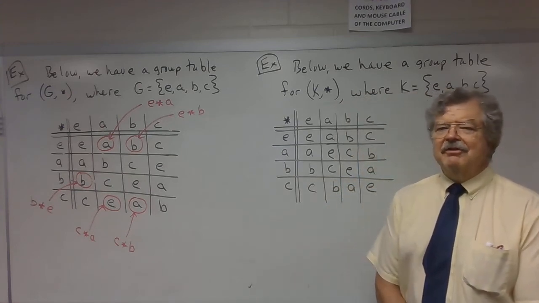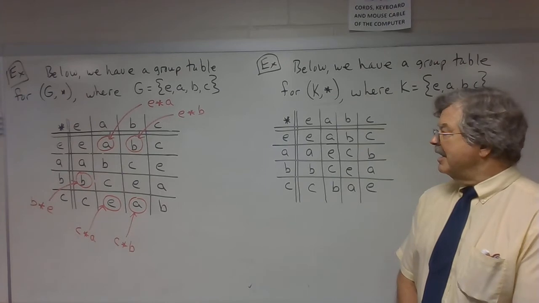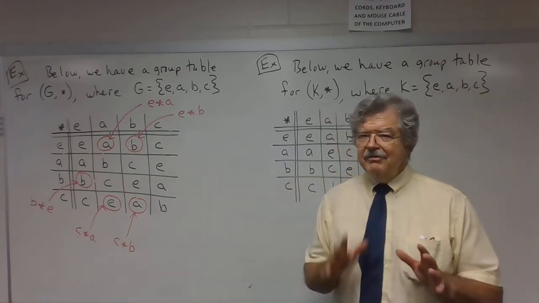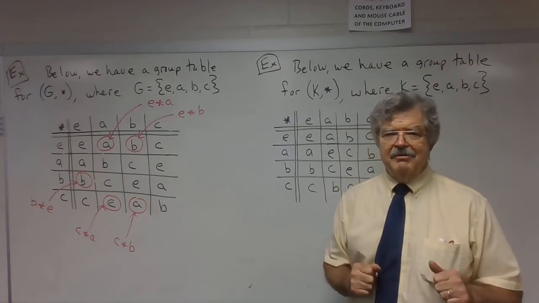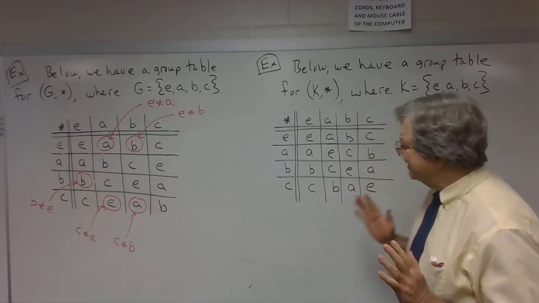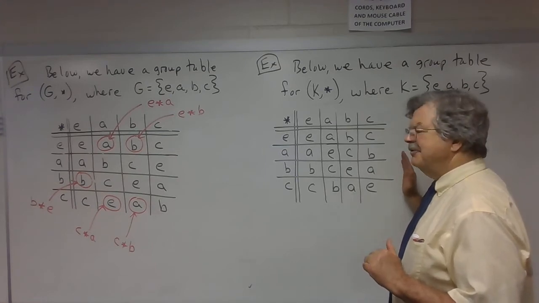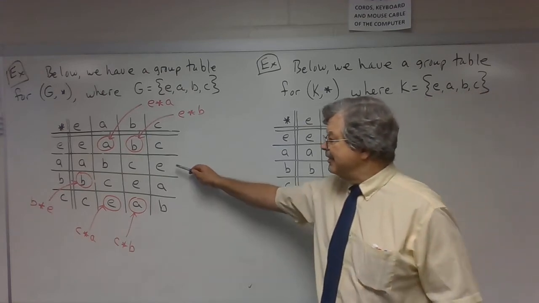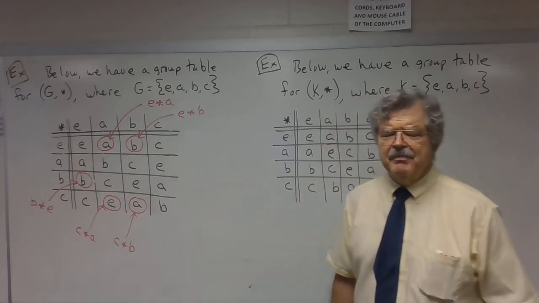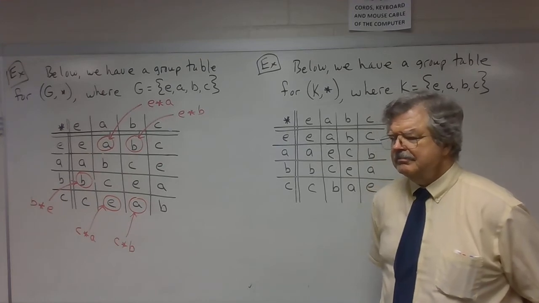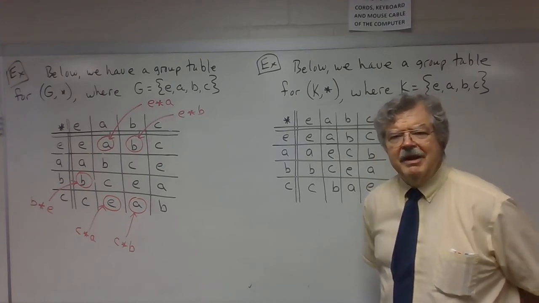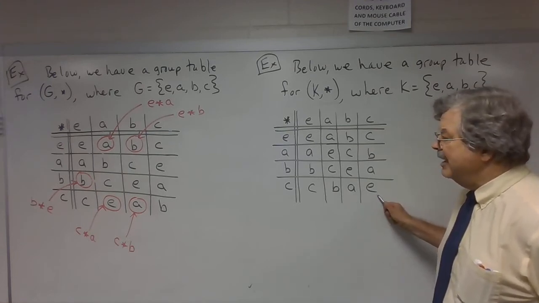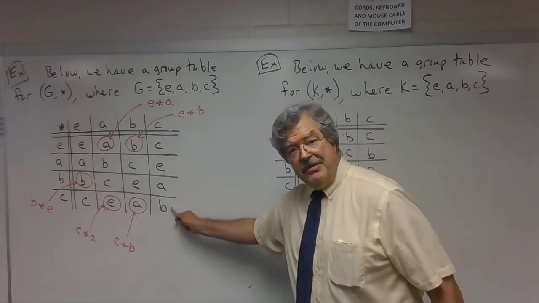And when I say structurally different, I cannot get this group from this group simply by renaming the elements. So this table has an algebraic property that this group table doesn't. Let's see what that is. Does anybody see anything distinctly different about this table compared with this table?